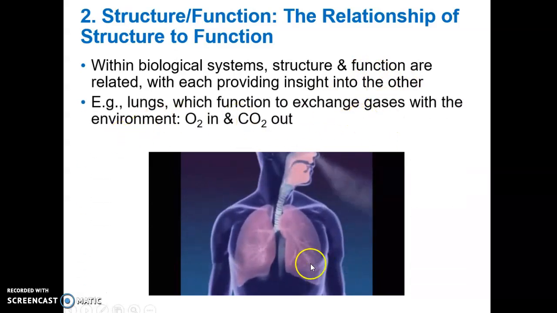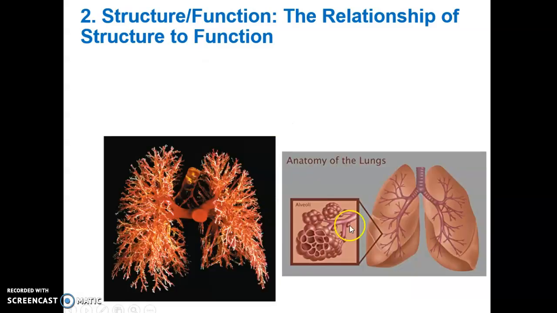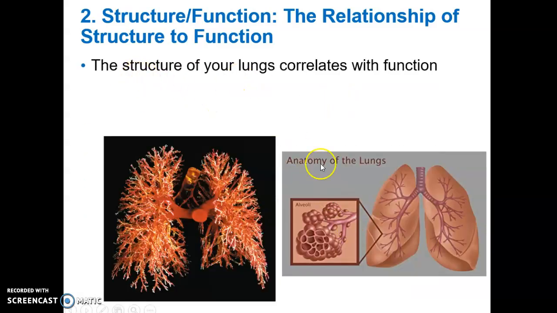The lungs function for gas exchange with the environment: oxygen gets breathed in and passes to the bloodstream. In the opposite direction, carbon dioxide is offloaded from the bloodstream into the tiny little air sacs, alveoli, in the lungs, that you then exhale. So the structure of the lungs correlates with its function.